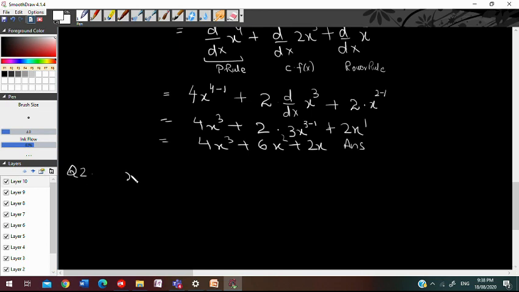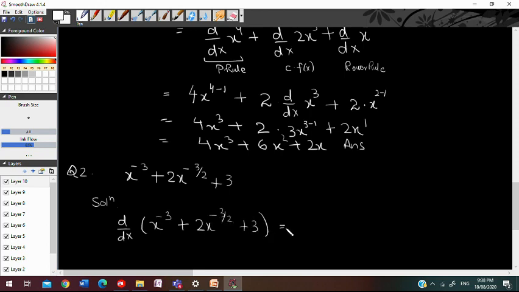Here we have x minus 3 plus 2x minus 3 by 2 plus 3. The question looks very strange, but when I solve it, you can see it is very easy. Now apply d by dx to this x minus 3 plus 2x minus 3 by 2 plus 3.